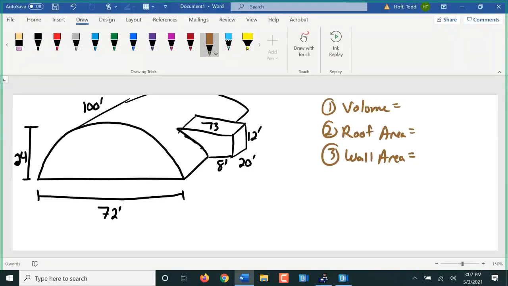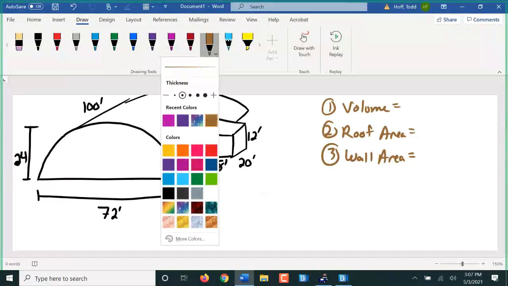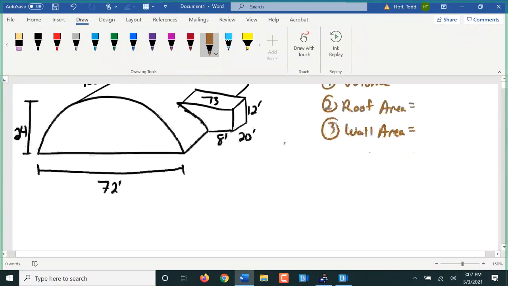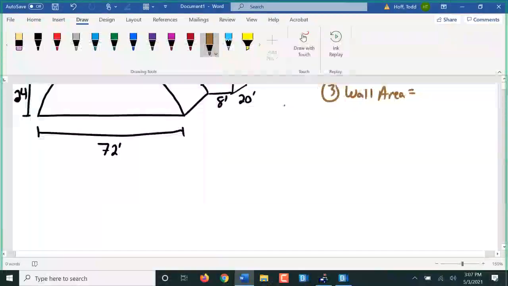We're asked to find three things here: the volume, the roof area, and the wall area. There's really two distinct problems here that we have to address. The first one is the portion of this that has the lean-to on it.